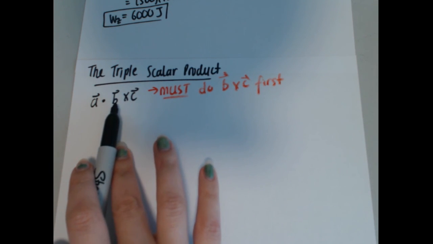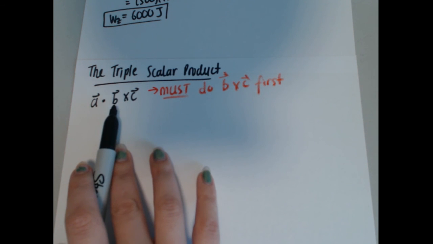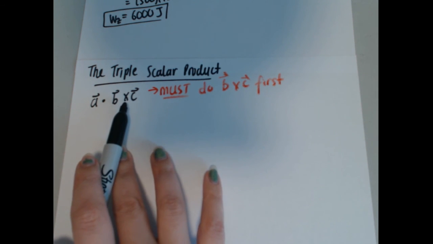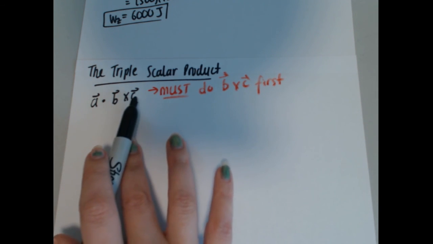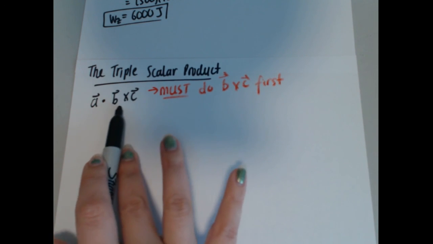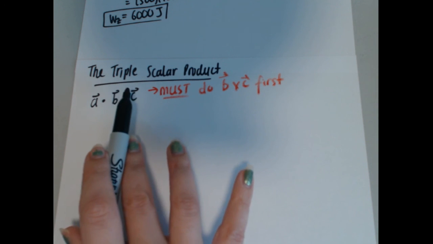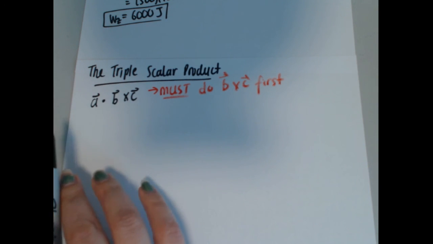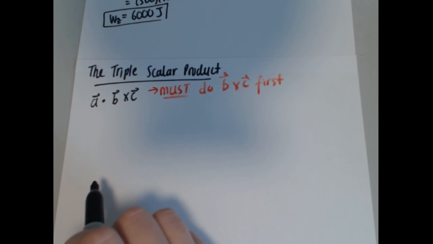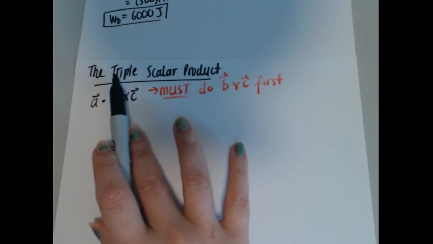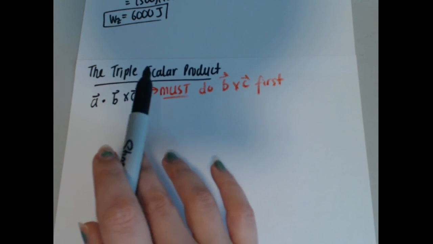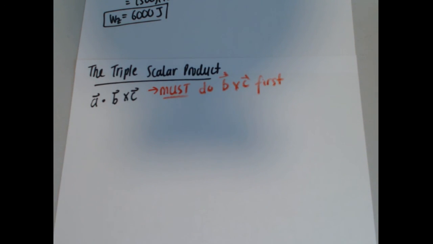You can multiply a scalar with a vector, but you cannot cross them. Cross product is only for vectors. So you have to do B cross C first, obtain the vector with the results from this, which is going to be perpendicular to both B and C, and then take the dot product of A with that new vector, which will in the end return a scalar, hence the triple scalar product. Okay? The product should be a scalar.